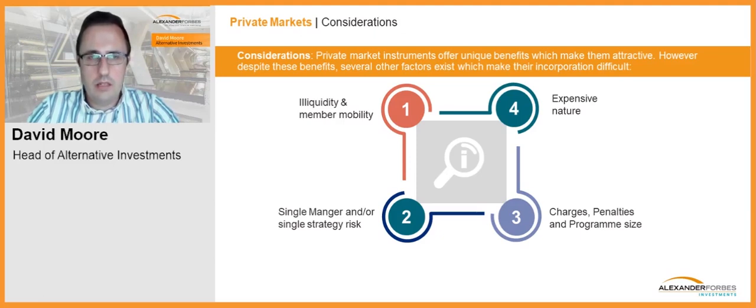The second component, around access points specifically, is that if you do invest in the private markets asset category and you are comfortable with the illiquidity and that you've tactically weighted it appropriately based on your fund size or your cash flow profile within a fund, then more often than not the inkling is to allocate to a single manager or a single strategy, more often than not private equity. The problem with that is that you create what we term single manager risk, investing in a single team at a point in time.